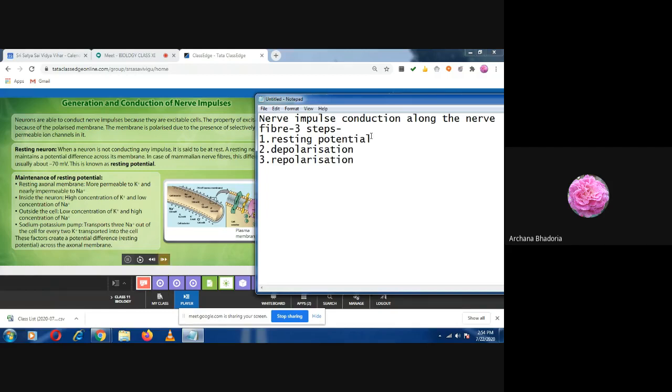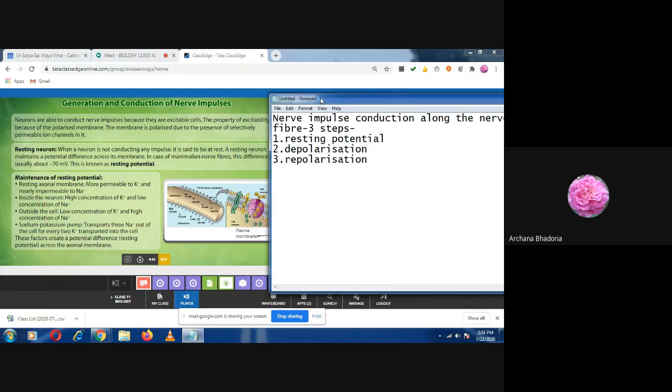Why does it happen? Because the cells are excitable cells. Excitable cells means the membrane of the nerve fiber is polarized, and polarized means it will have ion channels.